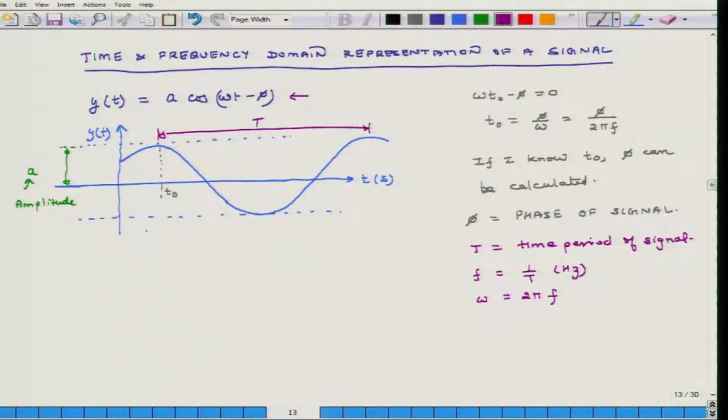Now, because I am plotting this signal with x axis being in seconds, that is time, and y axis is the amplitude, such a plot is known as time domain representation.